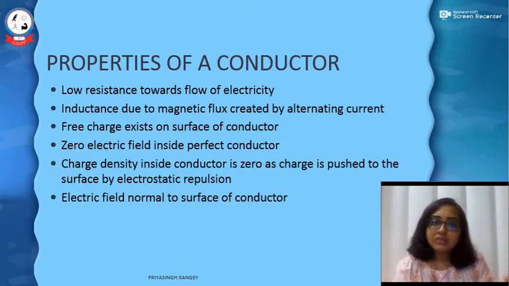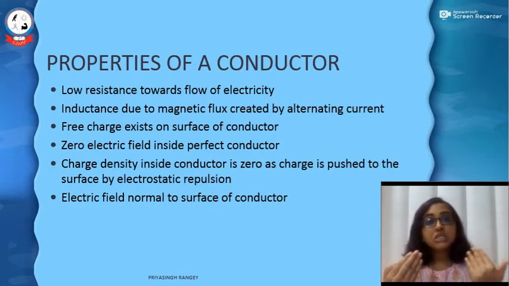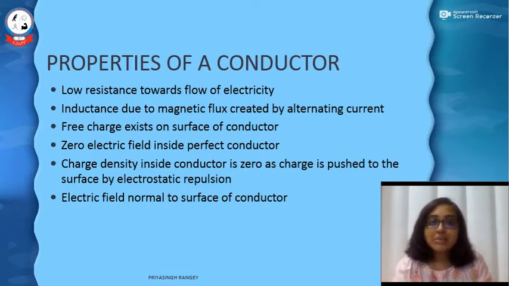Because of this electrostatic repulsion, the electrons are going to move to the surface of the conductor rather than staying inside, because the repulsion between the electrons would be larger if they stayed inside the conductor. Hence all the electrons move to the surface, and we can say that all the free charge gets accumulated on the surface of the conductor.